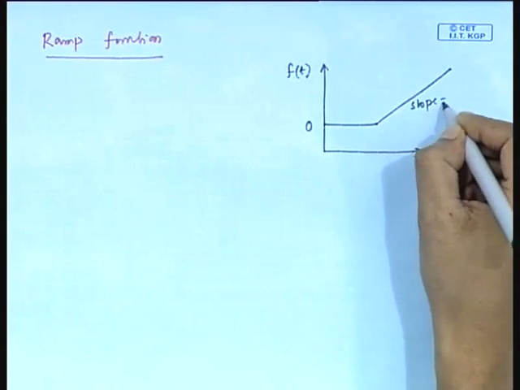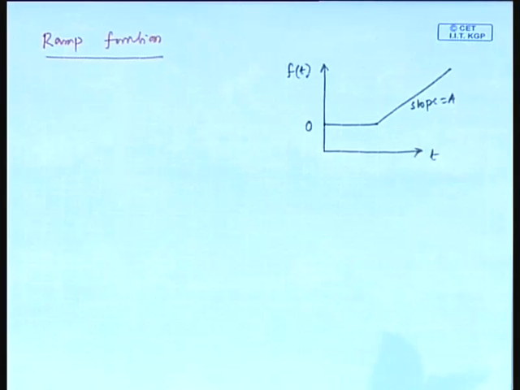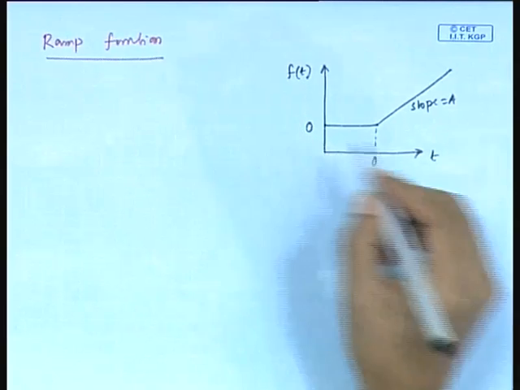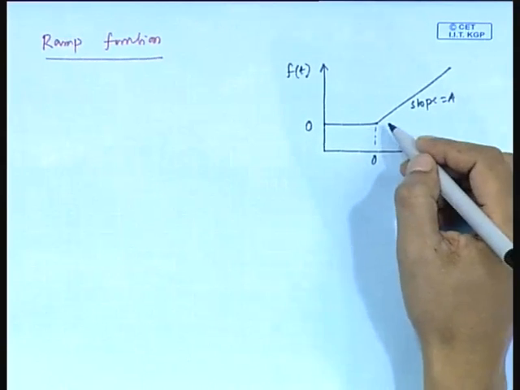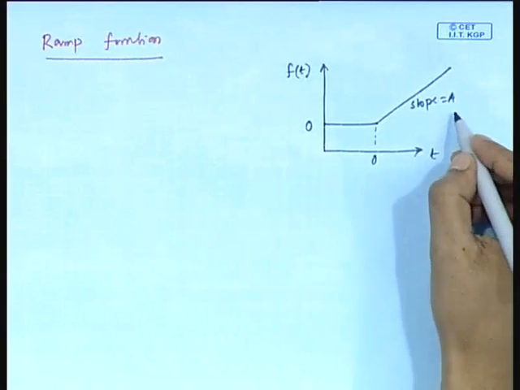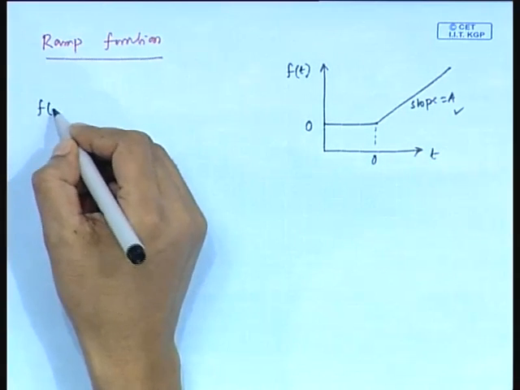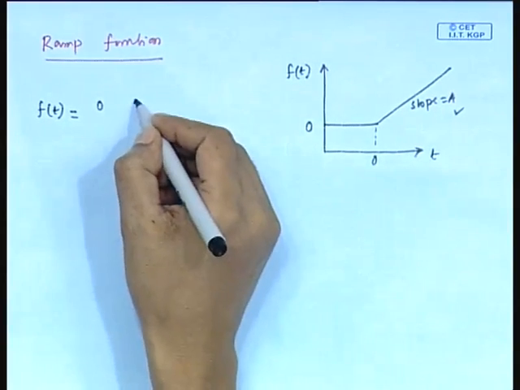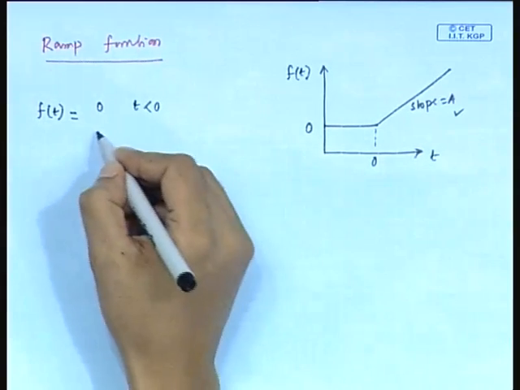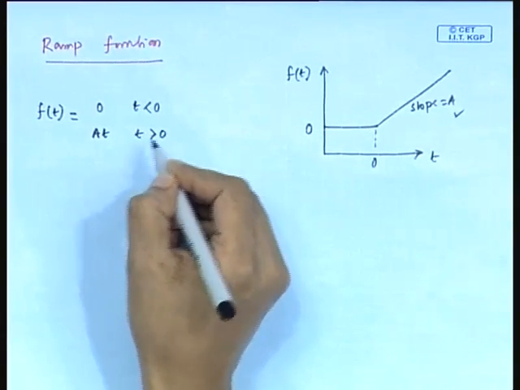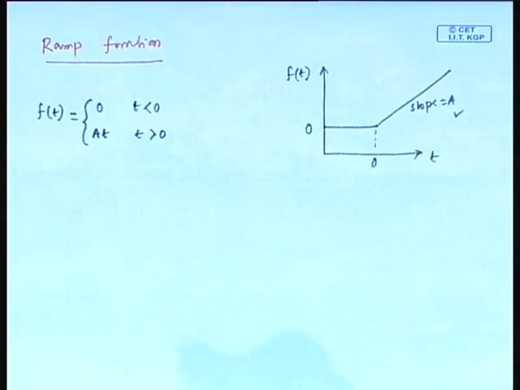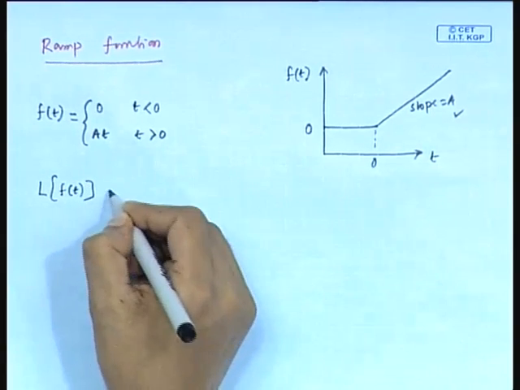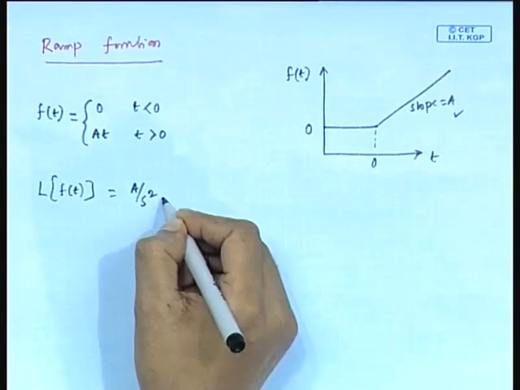Suppose the slope is A. Initially it is 0, and at time t equals 0 it changes linearly with slope A. So if f(t) is the ramp function, then it is 0 when t is less than 0, it is A t when t is greater than 0, and the Laplace transform of this is A by S square.